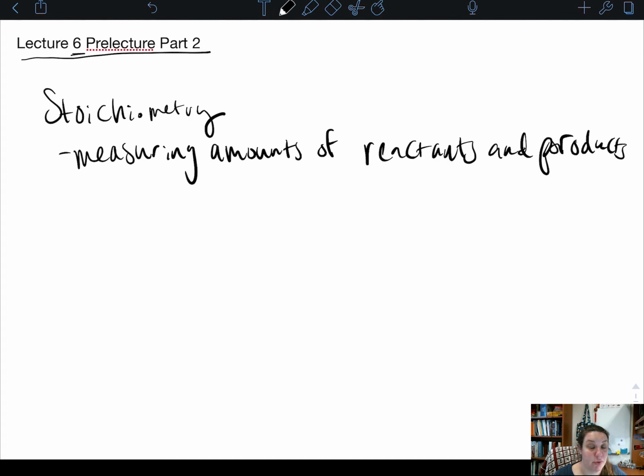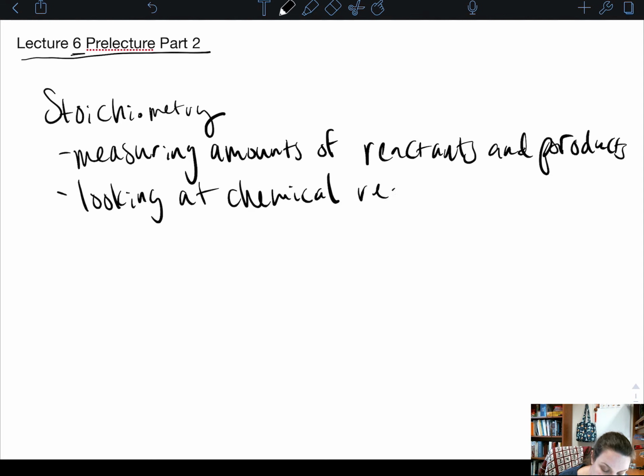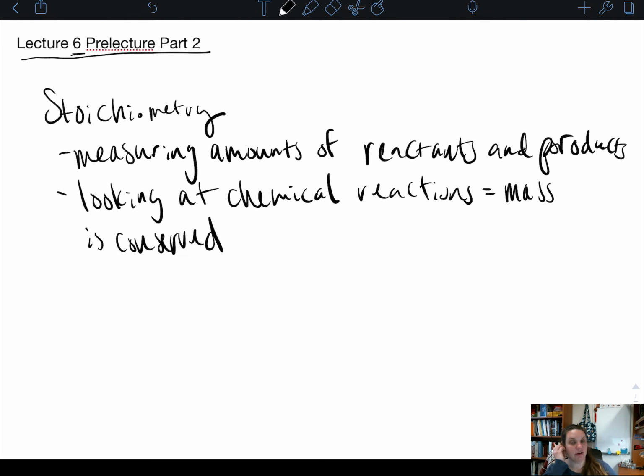We are dealing with chemical reactions now, and with chemical reactions, we generally conserve mass. We're going to use that idea and apply it to our chemical reactions to figure out how much product we should produce with a given reaction.